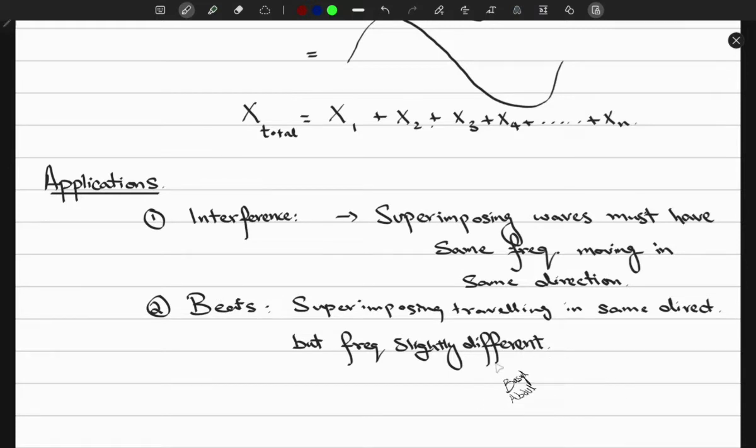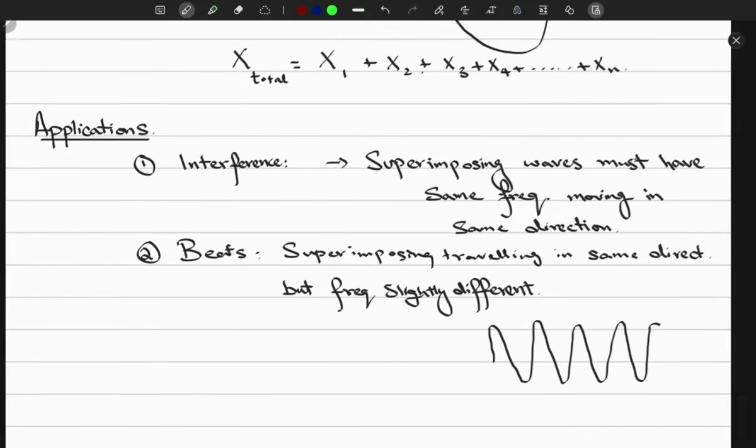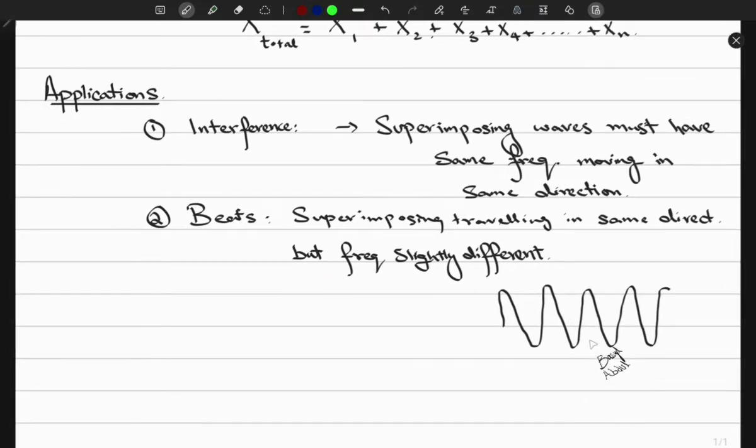So if I draw those beats, for example, I have a wave which is something like this, right? And you can say that this wave might have some frequency, let's say it is 700 hertz, and I add to this another, slightly different frequency.